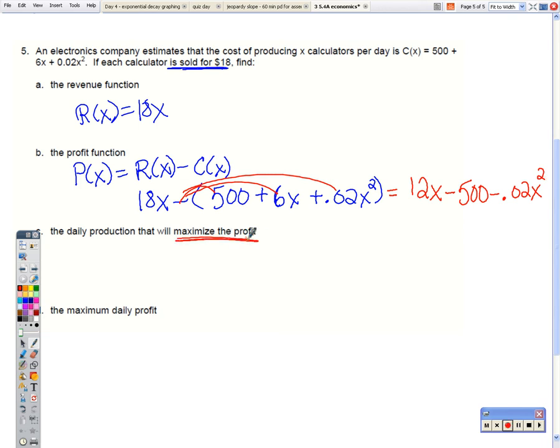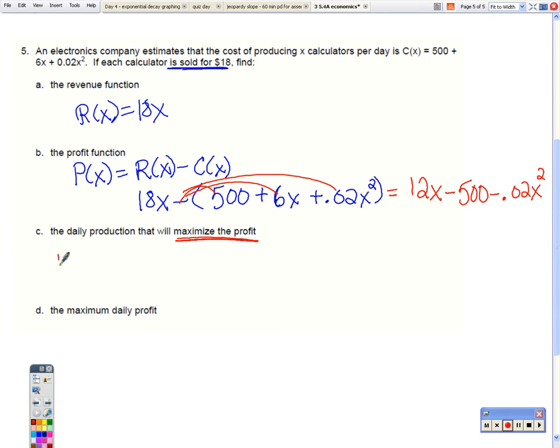Maximizing profit. So here's our optimization problem. I need to find the derivative, or the marginal profit, the derivative of the profit function. And then I'm going to set that equal to 0 and solve for x. So to maximize the profit, take my first derivative, set it equal to 0.